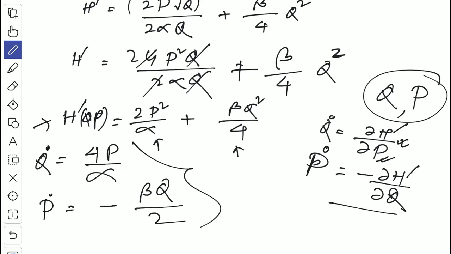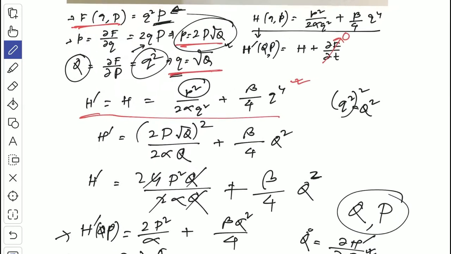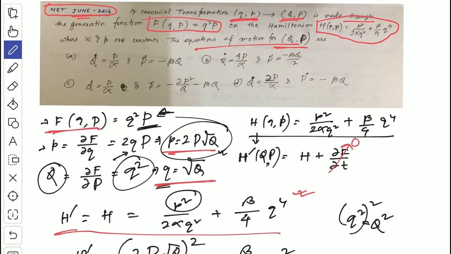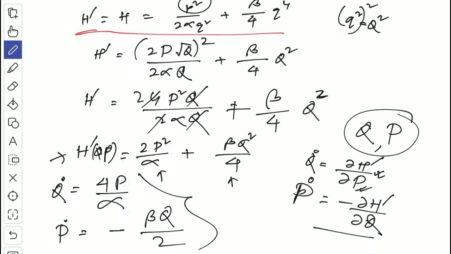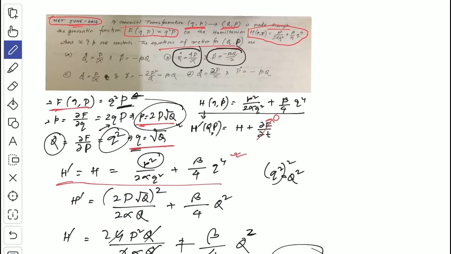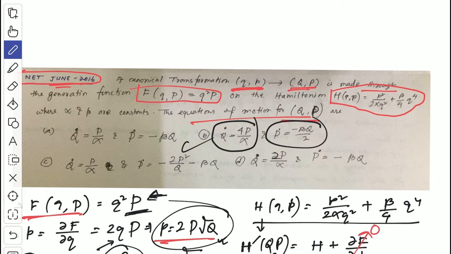So this is the correct answer. Let me check which option is correct. What we have got is Q dot equal to 4 capital P by alpha. Where is 4 capital P by alpha? This is 4 capital P by alpha, and P dot we had got this. If you check these results, our correct option is B.